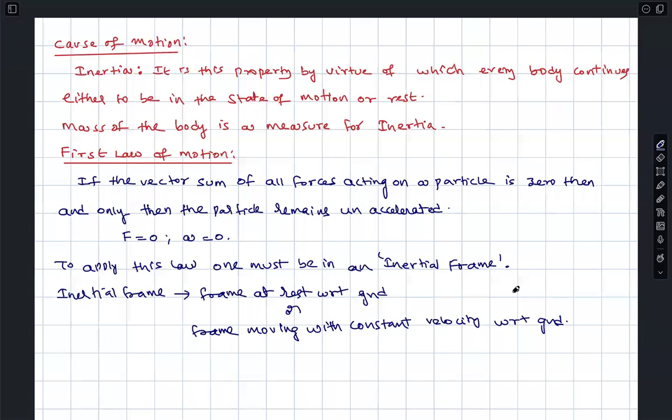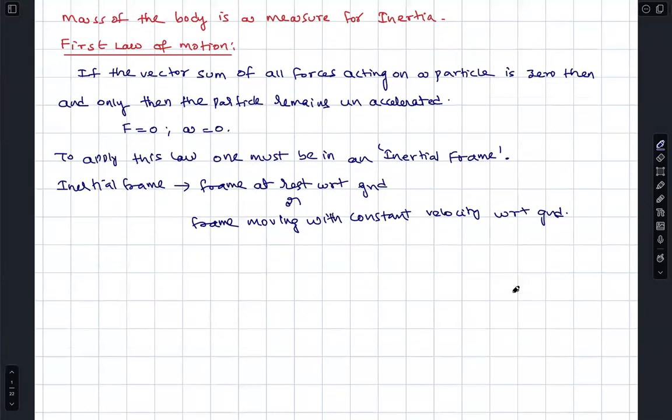Why, I will explain. In an accelerated system, I'll try to explain like this. So imagine a system like this.